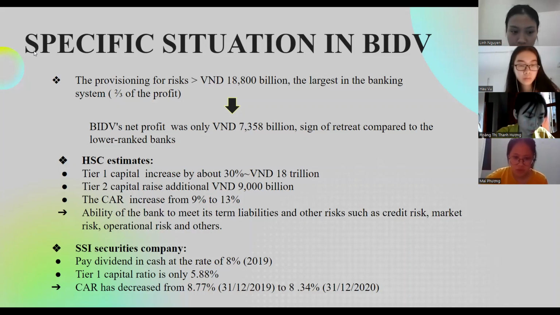Tier 1 capital ratio is only 5.88%. Tier 2 bond balance is close to the limits. It is said that BIDV plans to issue a maximum of 8.5% of charter capital through public or private investment in the period 2020 and 2021.